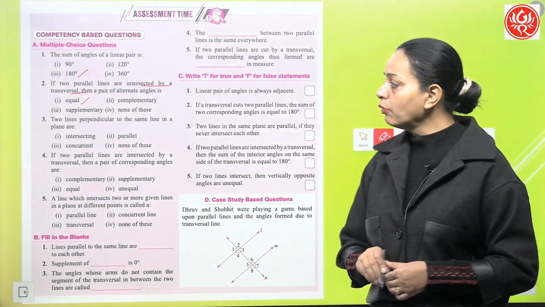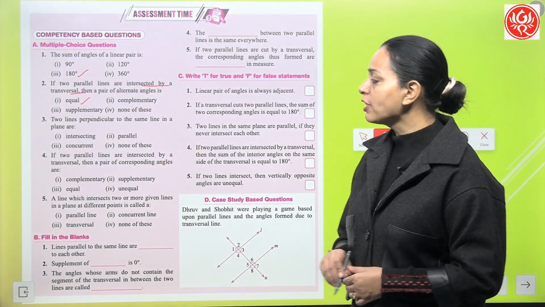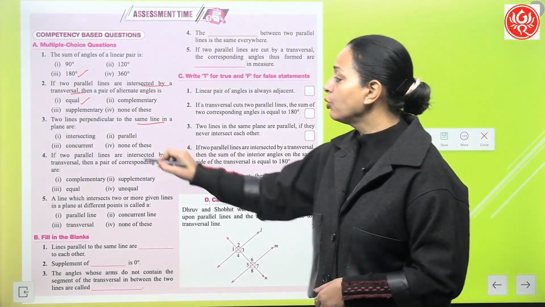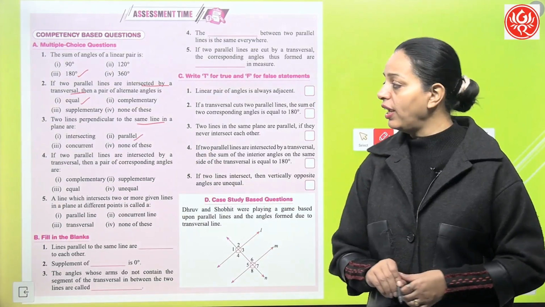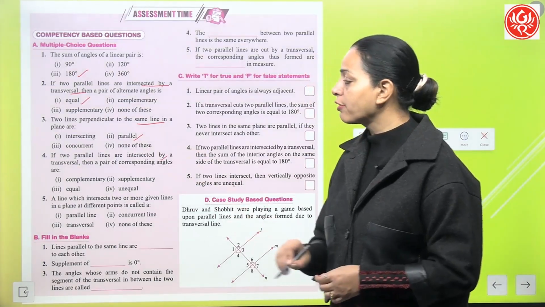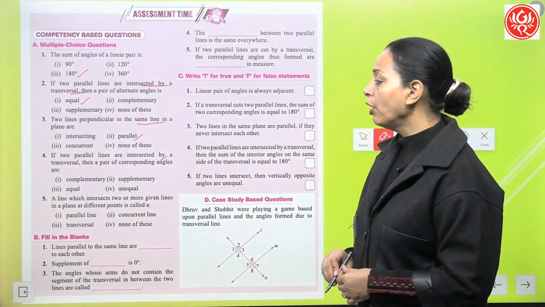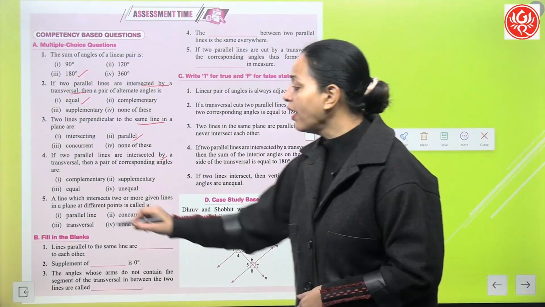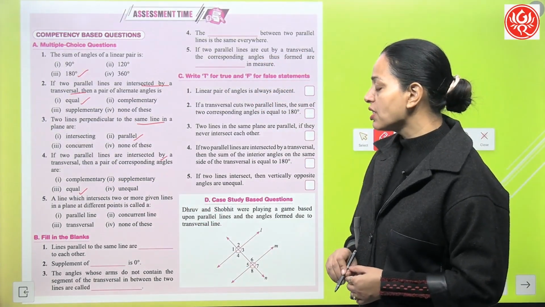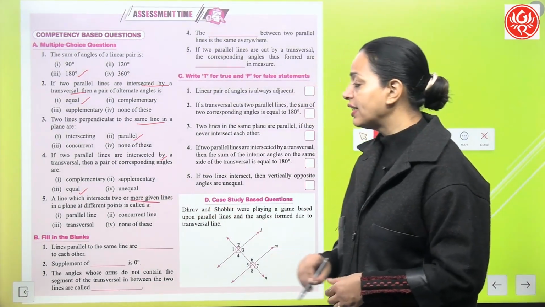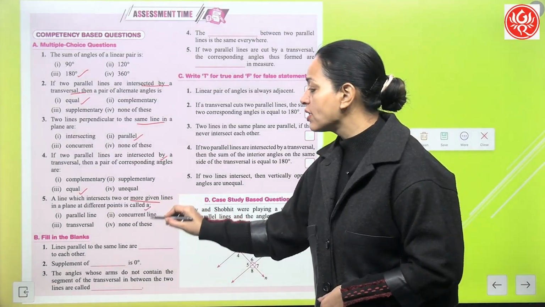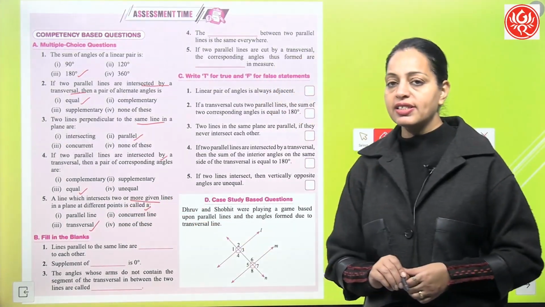Now the third one, two lines perpendicular to the same line in a plane are parallel to each other. Okay. Now the fourth one, if two parallel lines are intersected by a transversal, then a pair of corresponding angles are equal. The fifth one, a line which intersects two or more given lines in a plane at different points is called a transversal.